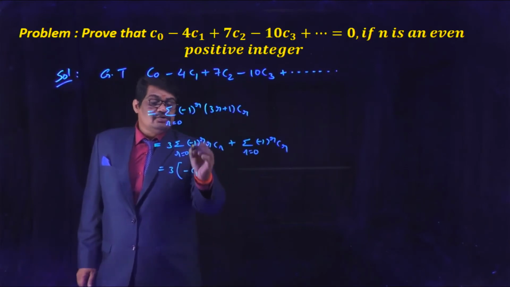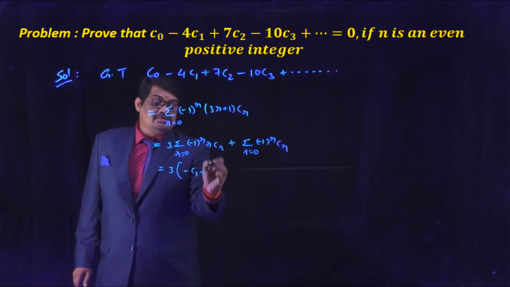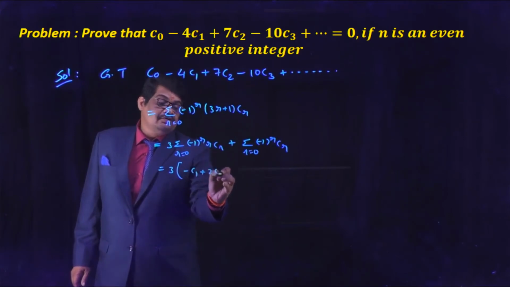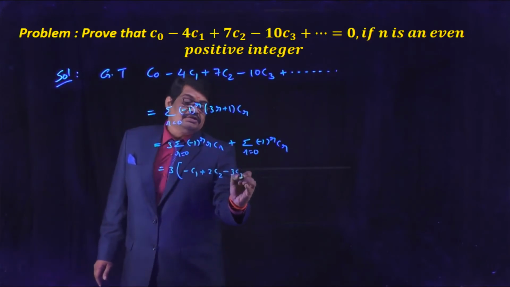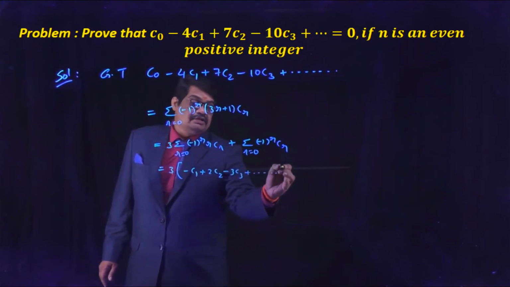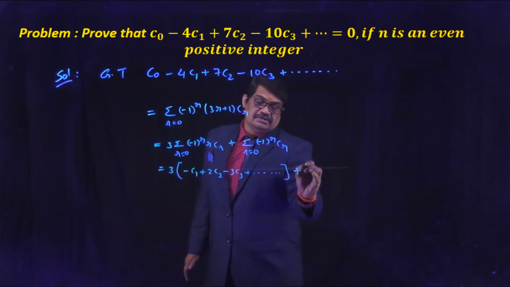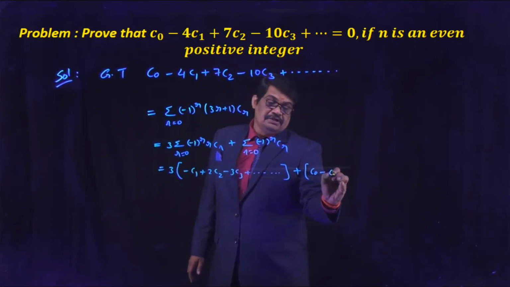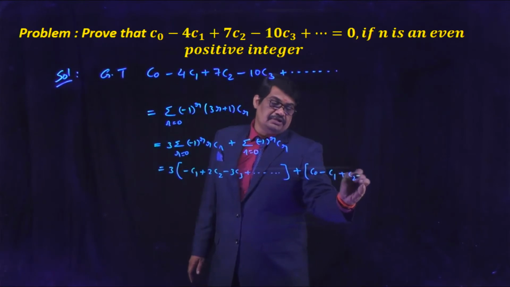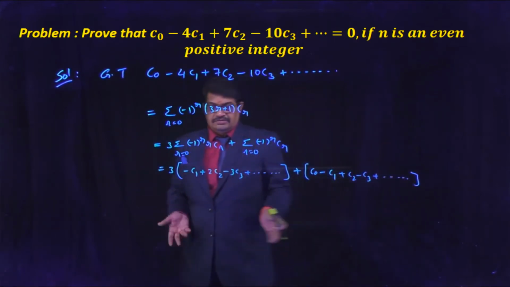Next, r equal to 2 gives minus 1 whole squared, that is plus, and r is 2, so 2C2. Then r equal to 3 gives 3C3. We get it like this. Next, the second series: r equal to 0 gives C0, r equal to 1 gives minus C1, then plus C2 minus C3 and so on. These are the two series we are expanding.